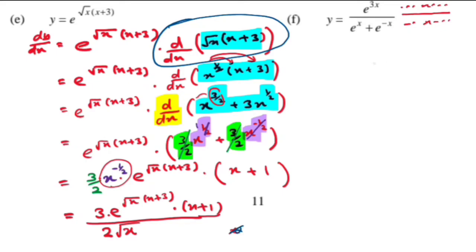You can separate the fractions if it is in the form of one term at the denominator and with a plus minus sign at the numerator. But now we have the plus sign at the denominator, so we cannot split this. The only thing to do for this question is to use quotient rule. Try to differentiate it. Do not separate the fractions.